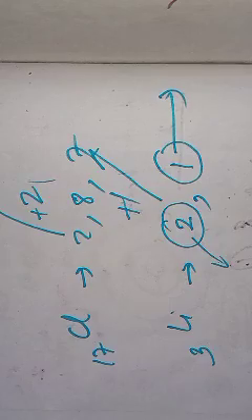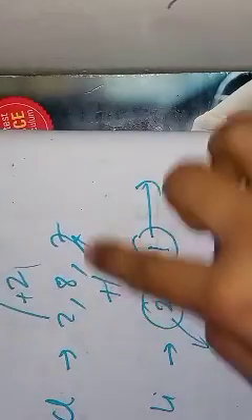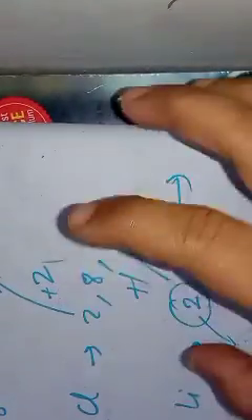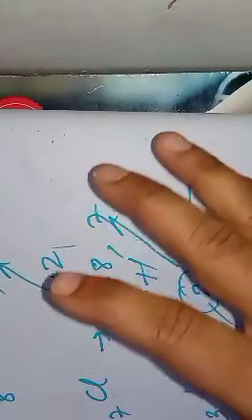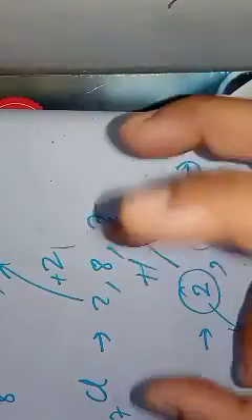Now, I think most of you are wondering how I am writing this electronic configuration. My dear students, you might have studied how to write the electronic configuration in class 7 and class 8, but I don't think all of you have understood properly.